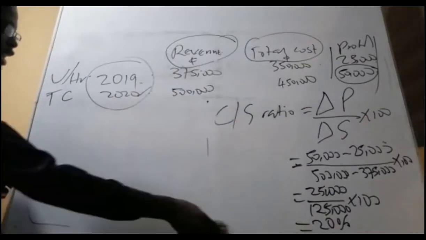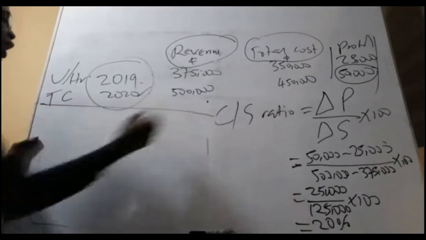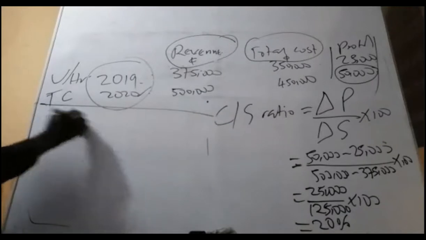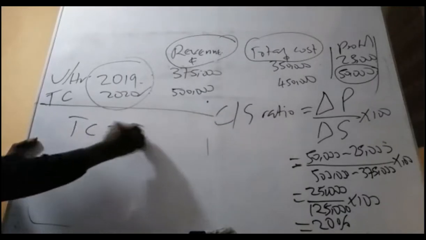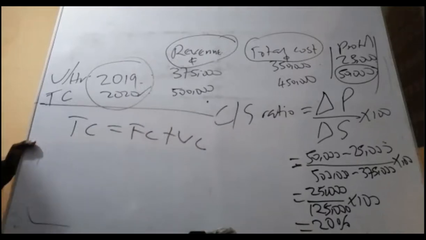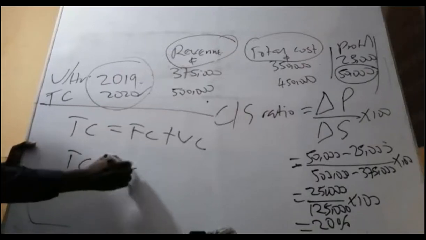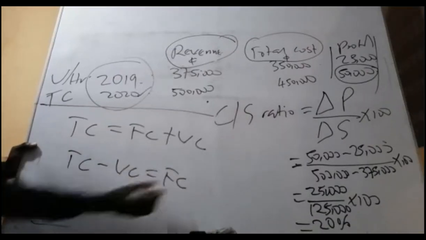Anywhere, kindly apply it. You are finding the fixed cost. You can use any of the activity levels. If total cost is equal to fixed cost plus the variable cost, how do you find your fixed cost? It will be total cost minus total variable cost is equal to fixed cost. That's all.